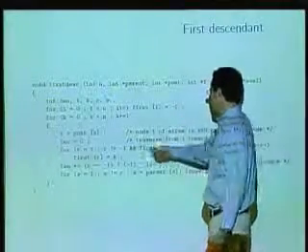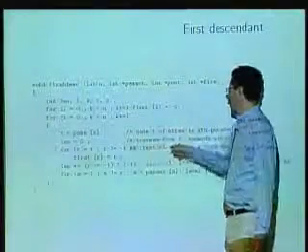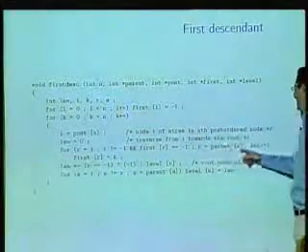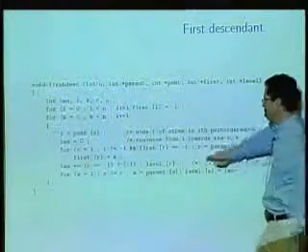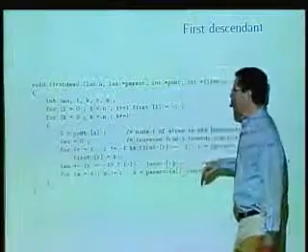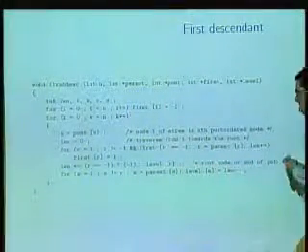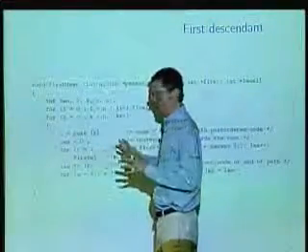And while the first descendant is not known, walk up the parent, and then just set the first of that node to K. K, by the way, is if there's a post ordering going on, it's K, not I, that I'm marking it with.